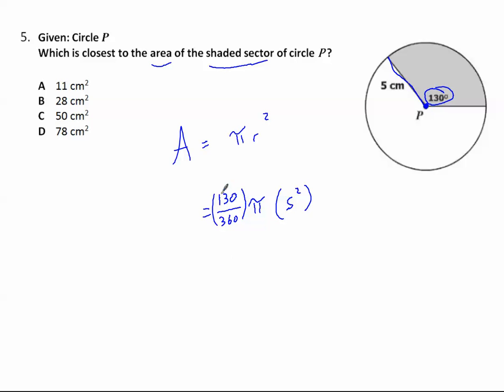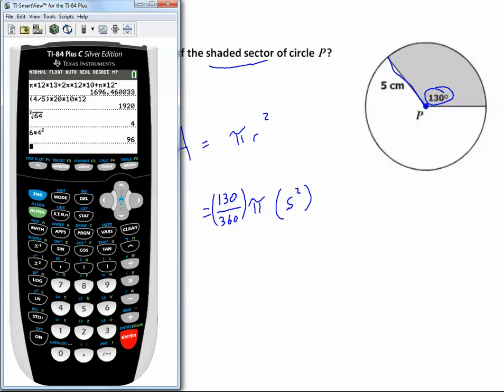So if you only want 130 out of 360 degrees, this is the fraction that you want. You could go back and simplify this, but why? You're just about to plug it into your calculator anyway. So, big parenthesis, because it's a fraction, 130 divided by 360, close your parenthesis, times pi times 5 squared.